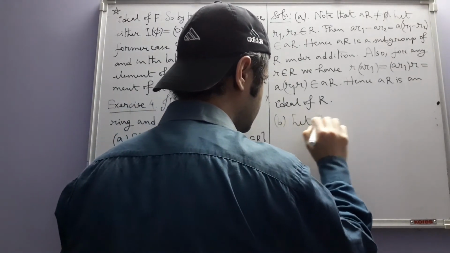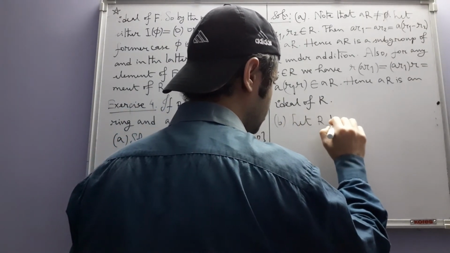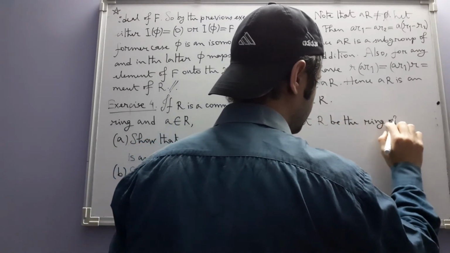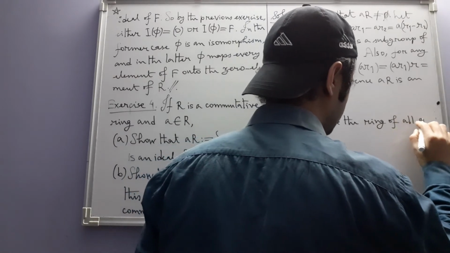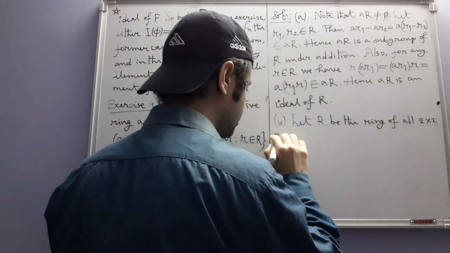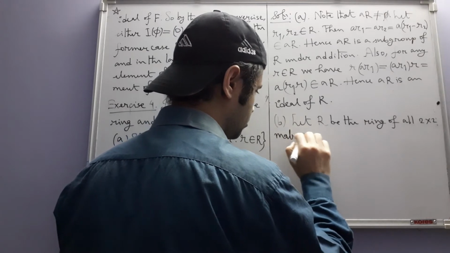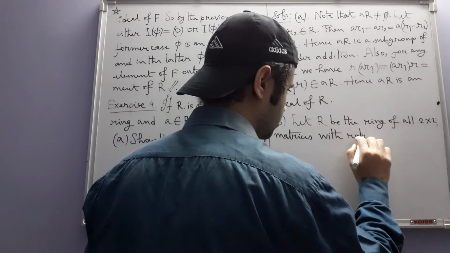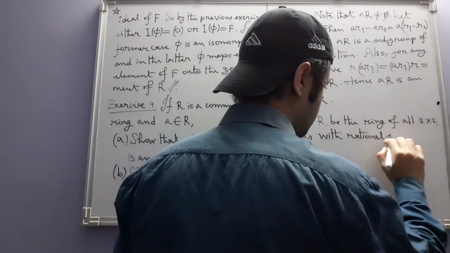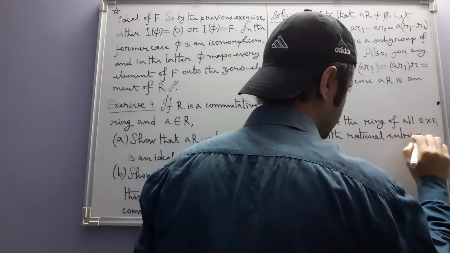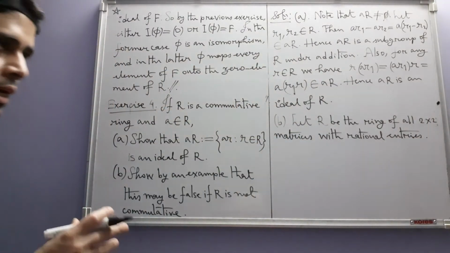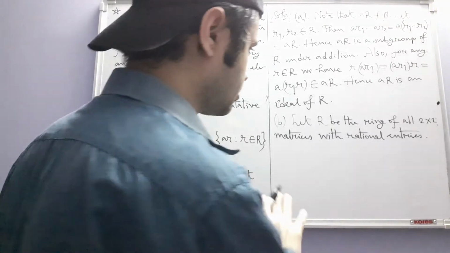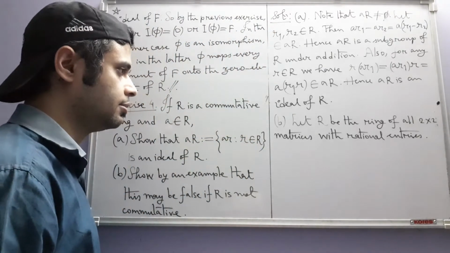Let R be the ring of all 2 by 2 matrices with rational entries. The entries inside those 2 by 2 matrices have to be rational numbers. So that type of matrices we are considering.